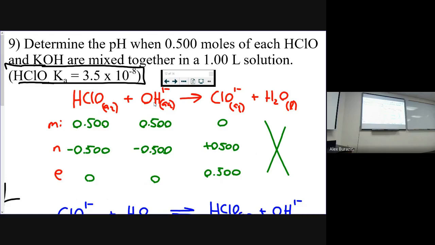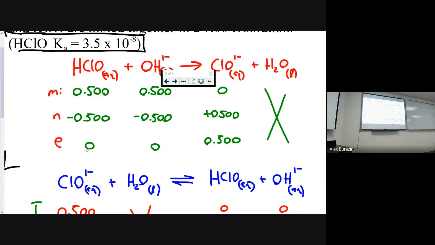A mole table is used for neutralization. We had 0.5 moles of the weak acid and 0.5 moles of the strong base, and they fully neutralize each other, so at the end I have no weak acid left over and no strong base left over. What I do have is what is produced as a result of that process: 0.5 moles of weak conjugate base.